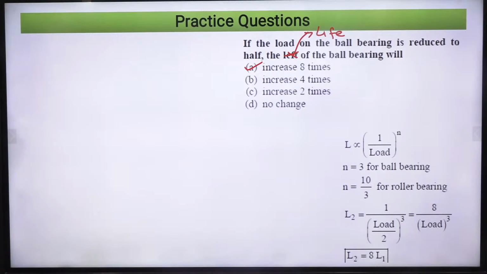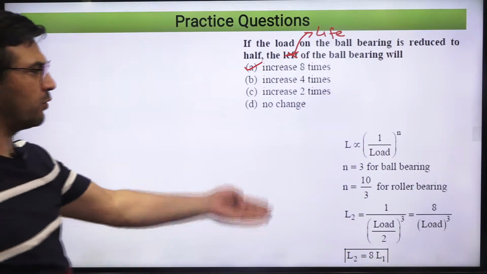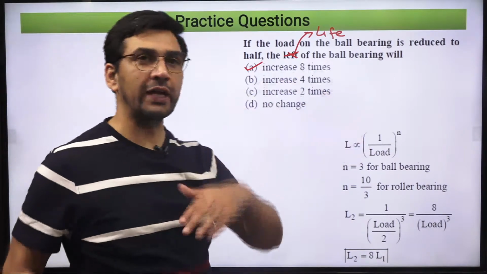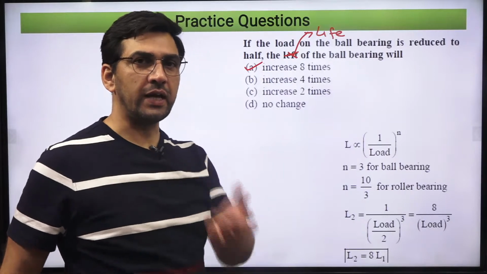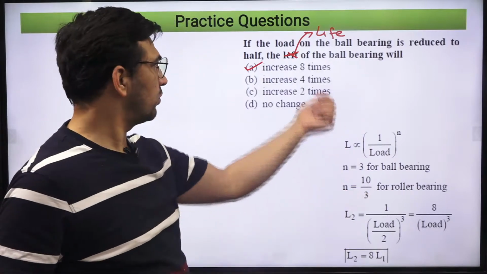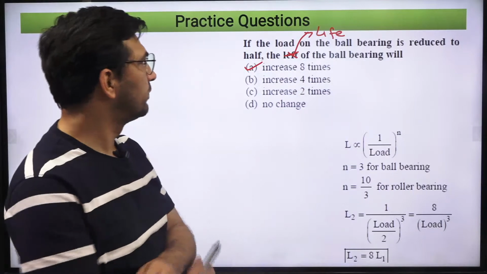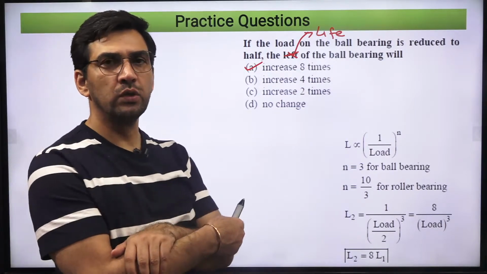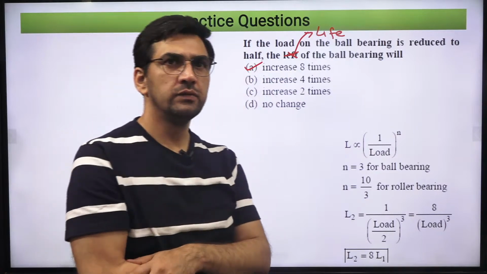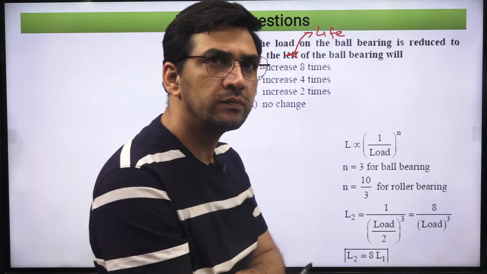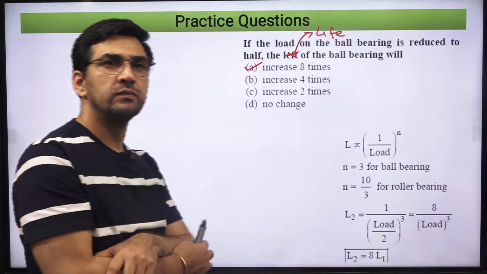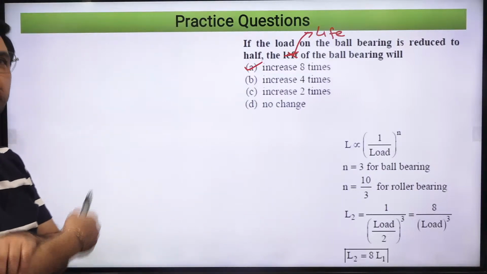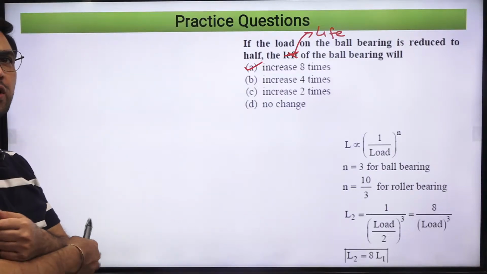If we reduce the load, this is one way of doing it, the same way we did earlier. The dynamic load carrying capacity is going to remain the same. So what is going to happen when we are changing the load? L1 by L2 will be equal to the same line, it's not different.